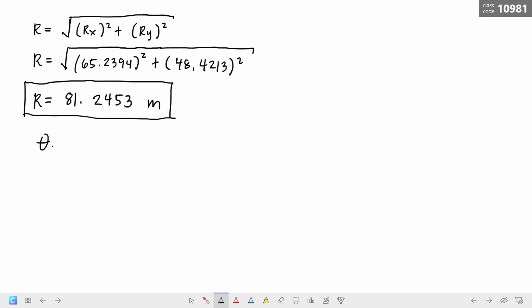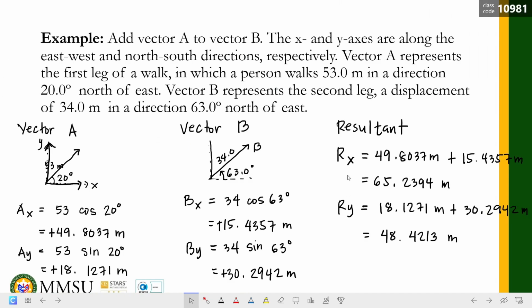For theta sub r, we need the inverse tangent of ry over rx. Inverse tangent of ry over rx. In this case, we also need to think about the direction. Remember, ry is positive and rx is also positive.